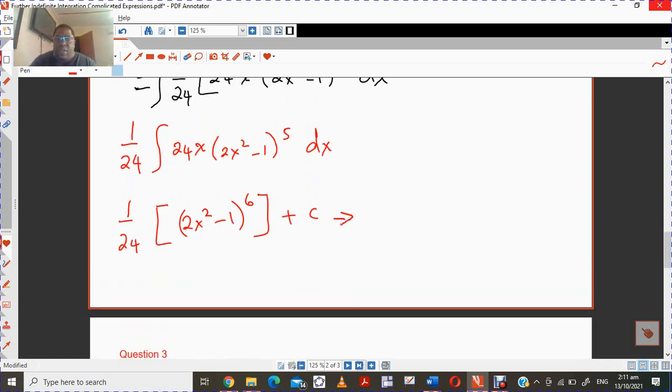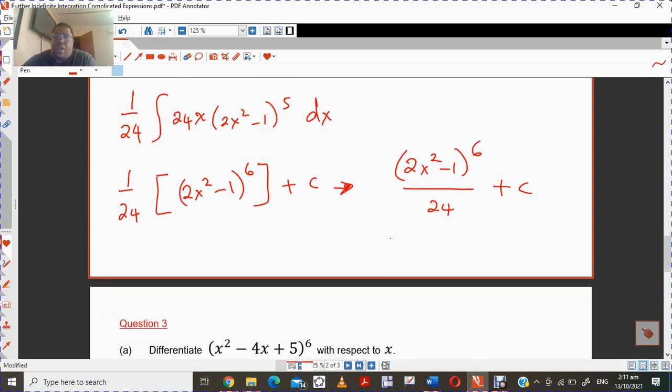So this can therefore become (2x² − 1)⁶ all over 24 plus the constant of integration. So this is how this question can be approached. You can leave it the way I did, or you can finish it as I finished it towards the end.